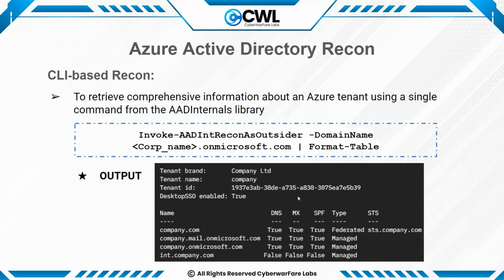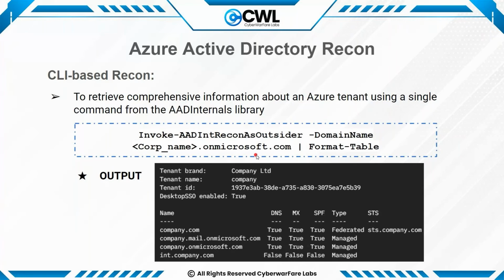So, this is the cmdlet we will be using for searching for tenant IDs. Then we have the -DomainName parameter. So this specifies the target domain for the reconnaissance operation.